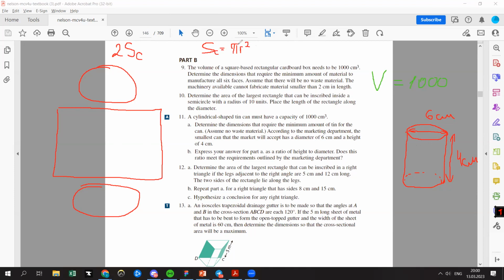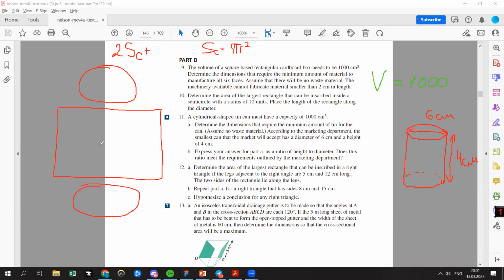Am I correct? Yeah. Great. So we need two of those, plus the surface of this rectangle that we have here.